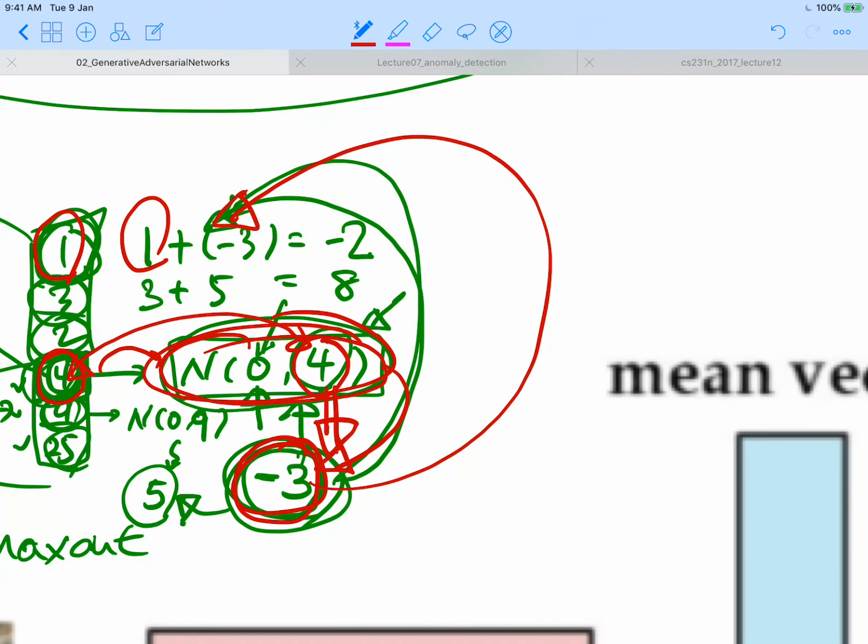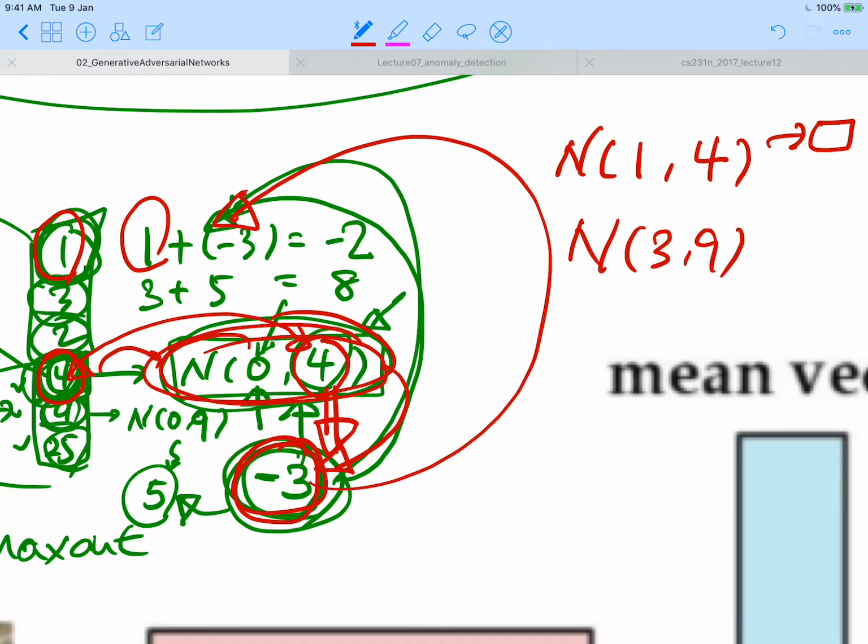So our mean is 1 and the variance is like this, and then we obtain the random sample over here. The second distribution that we obtain a random sample from is 3, 9, and the next one is 2, 25.